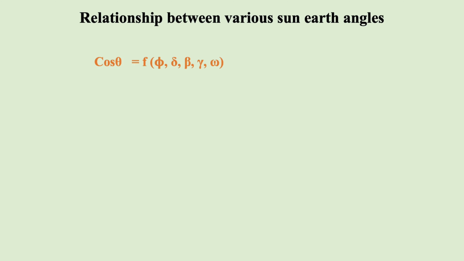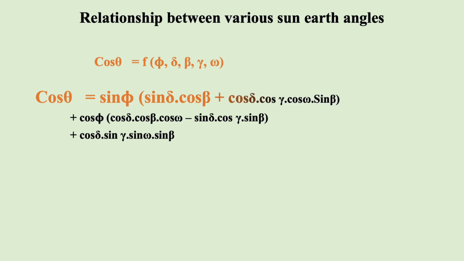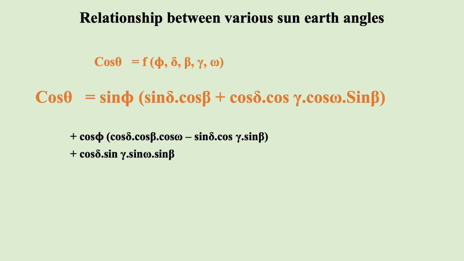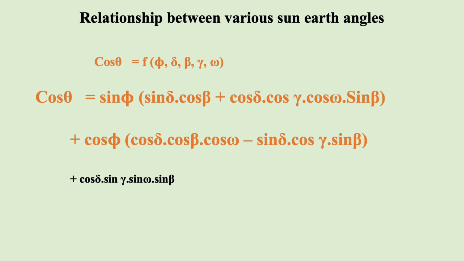Cos theta is a function of phi, delta, beta, gamma and omega. Based on the above relation, the angle of incidence is expressed in the form of this equation: cos theta is equal to sin phi (sin delta cos beta plus cos delta cos gamma cos omega sin beta) plus cos phi (cos delta cos beta cos gamma minus sin delta cos gamma sin beta plus cos delta sin gamma sin omega sin beta).